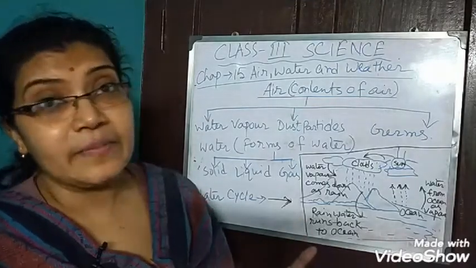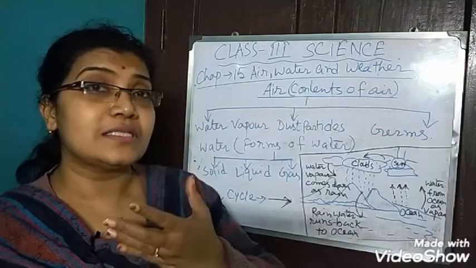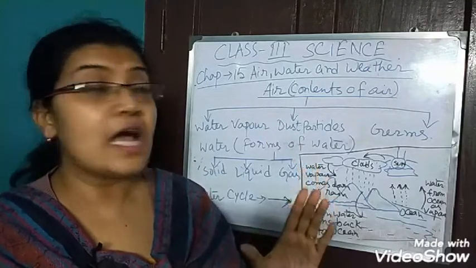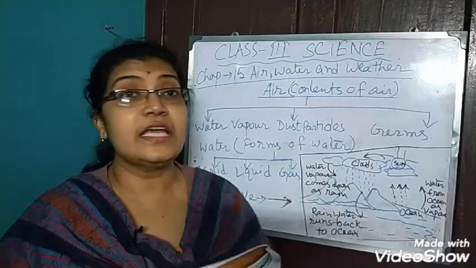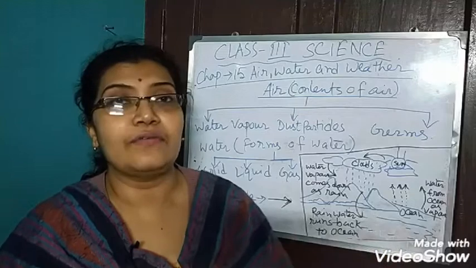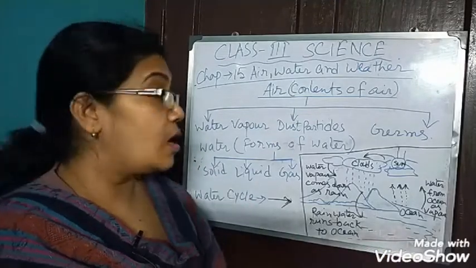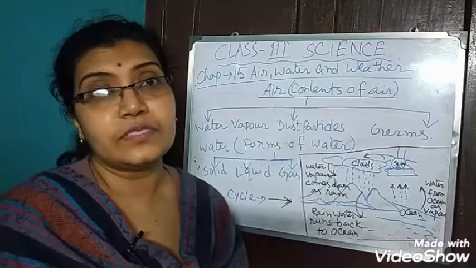This is the pandemic situation of coronavirus. Nowadays we are using masks, we are using sanitizer, and all the rules strictly say that you will have to wash your hands frequently. That means air contains germs.